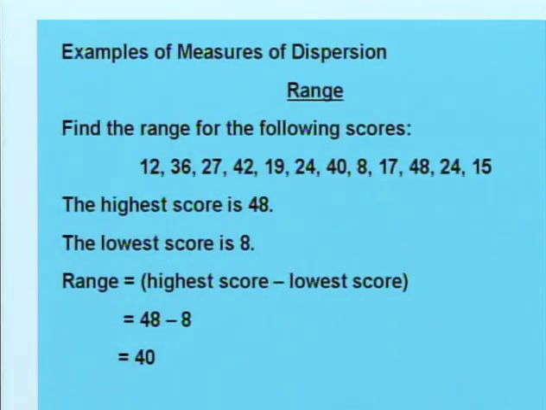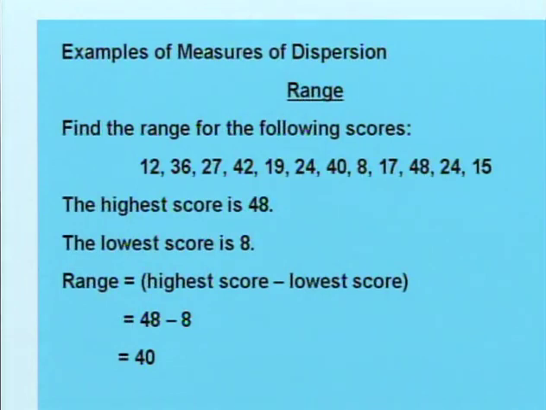Here are some examples to show how measures of dispersion are calculated. First, the range. Here we have a set of scores starting with 12, then 36, right on to the last one, which is 15. We look through the scores to find which one is the highest.